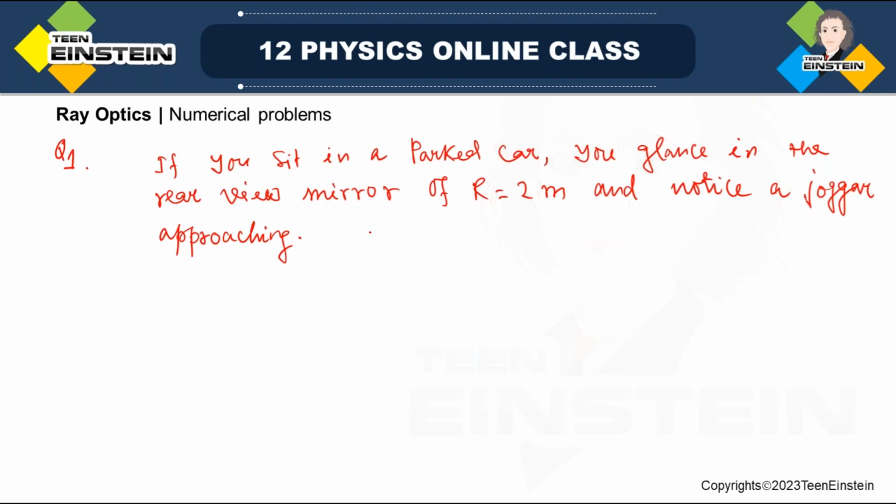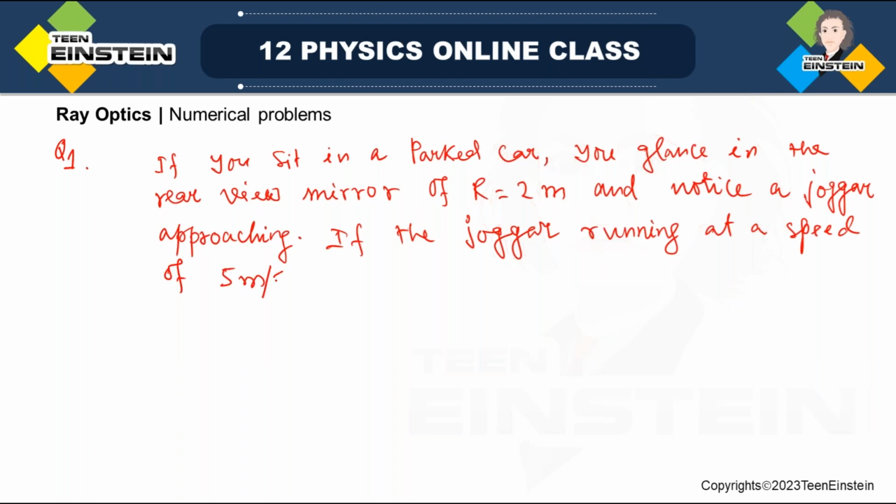The jogger doesn't have much speed. The jogger is running at a speed of 5 meter per second.